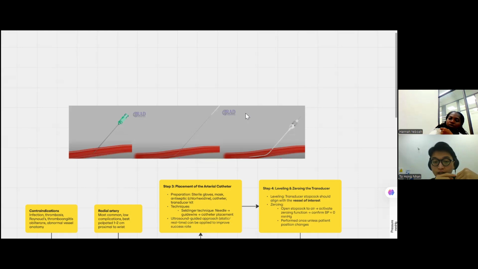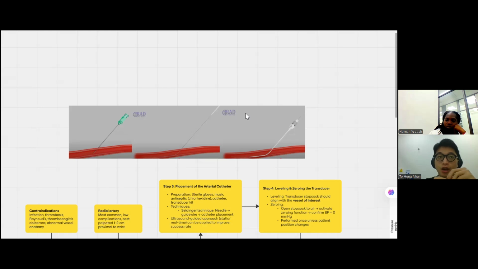And after that, the real catheter, which is used to lead the blood flow to the transducer to turn into electrical activity, will be established. So it's called a guide wire technique.